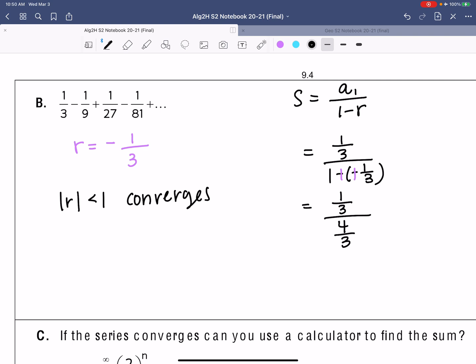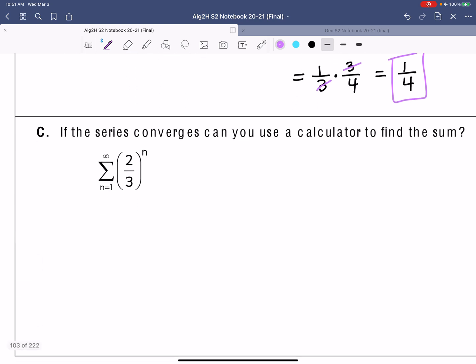And then you guys know how to keep, change, flip. Keep the numerator, change the sign, flip the denominator. So these are going to simplify, and we get this equal to 1/4. So this will converge, and this will just keep getting closer and closer to 1/4.